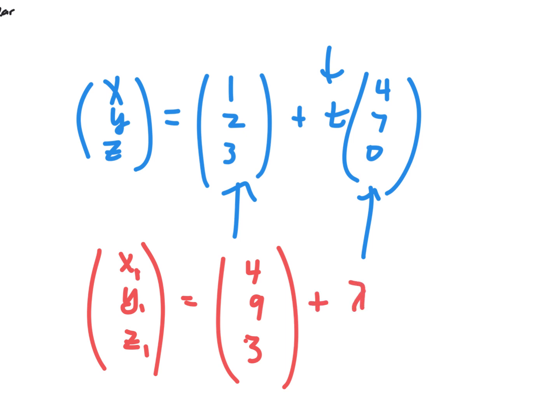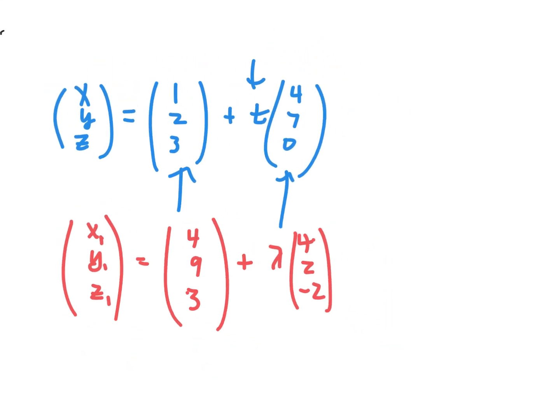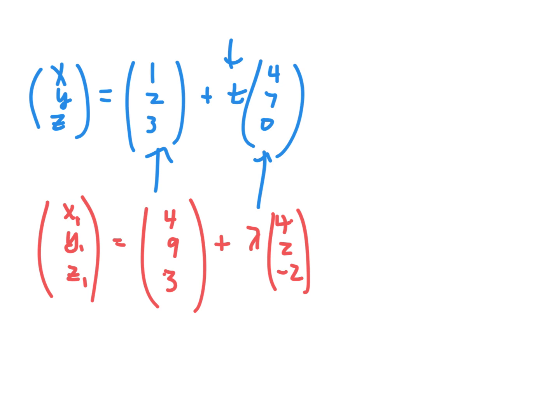Instead of t, I'm going to use lambda. For 2, -2. So the question would be, are these two vectors, like they're lines in space?